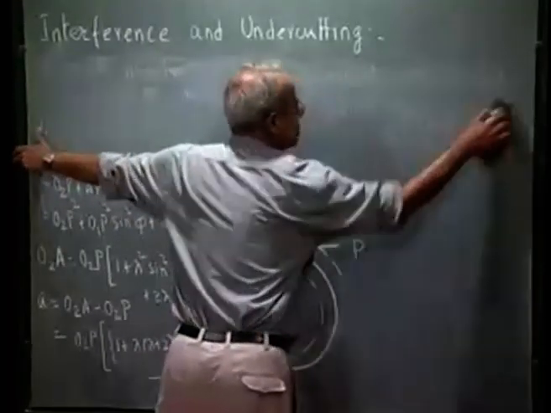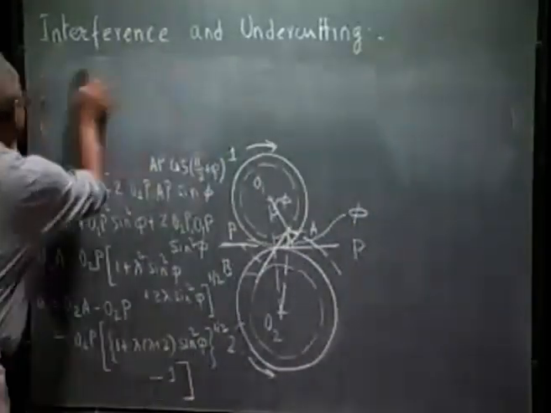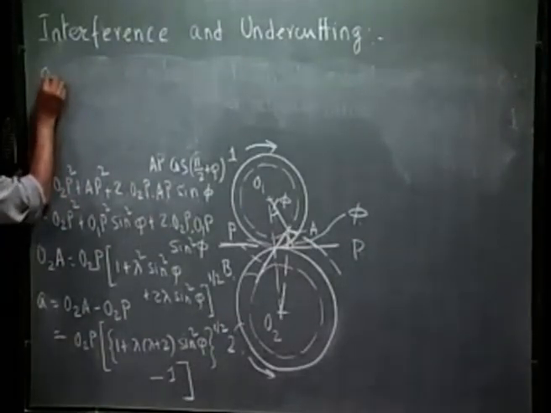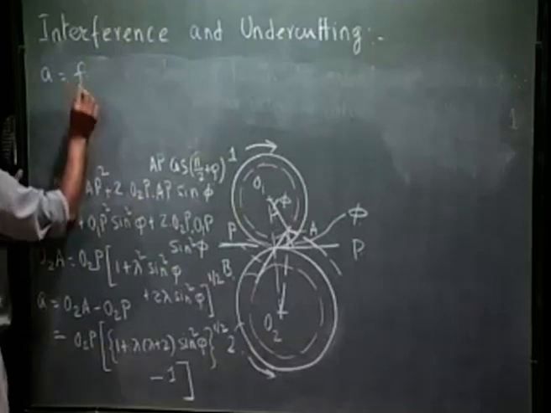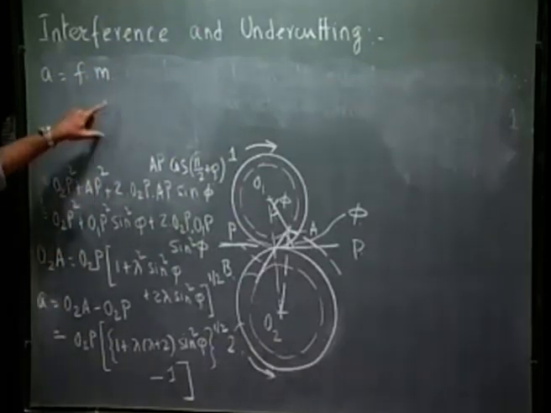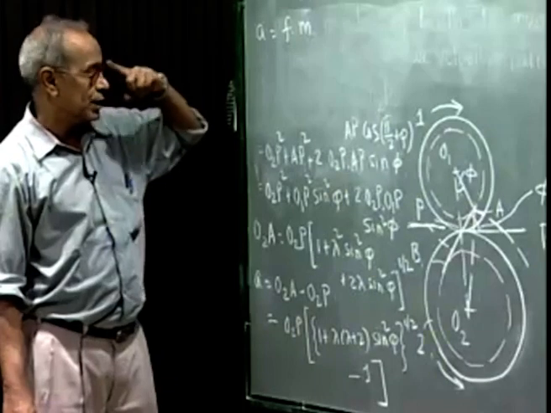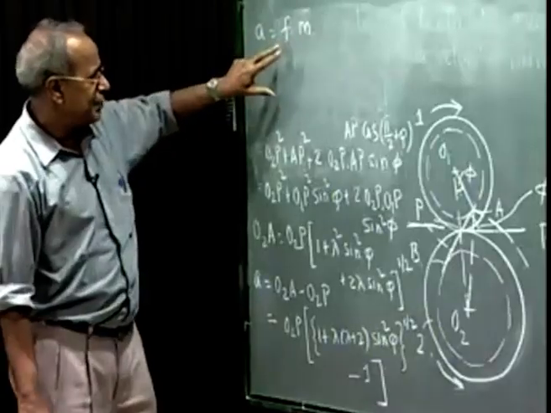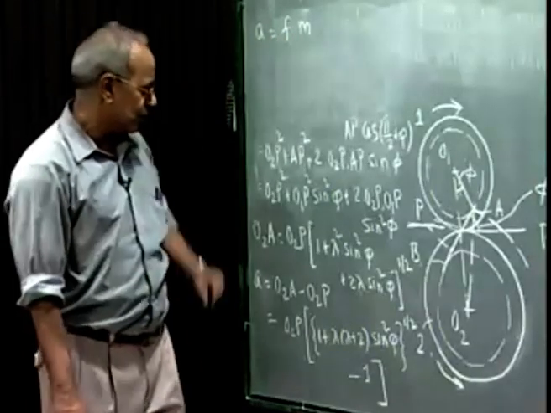Now, addendum is always expressed as some fraction f of the module. If you remember, for the British standard for 20-degree pressure angle, we said f is normally 1, but I keep it as f, which is of the order of 1.